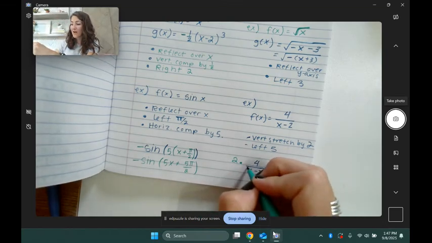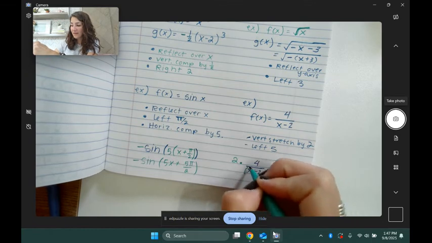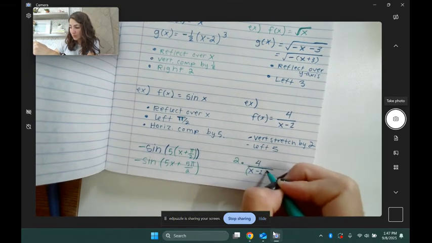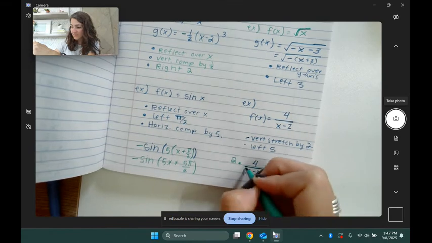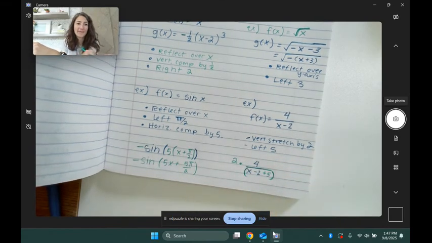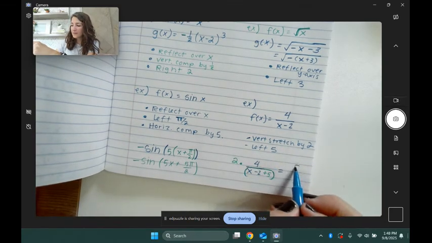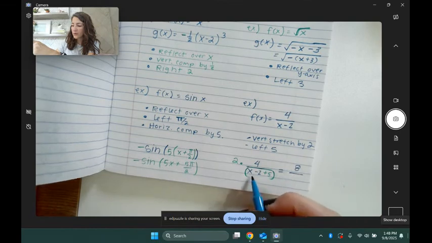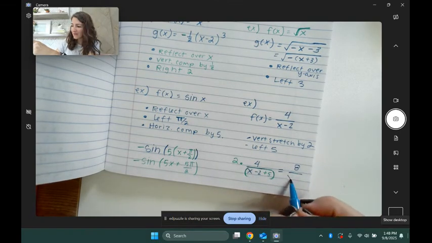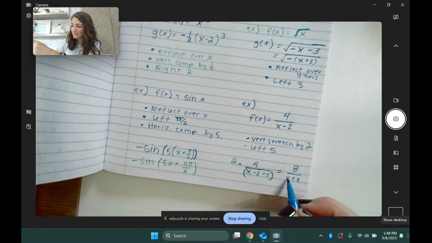Look wherever x is. And to move it to the left, I want to go plus 5. Something like that. And this one you would for sure want to simplify. So multiply the tops here. This will be 8 over negative 2 plus 5, which is 3.